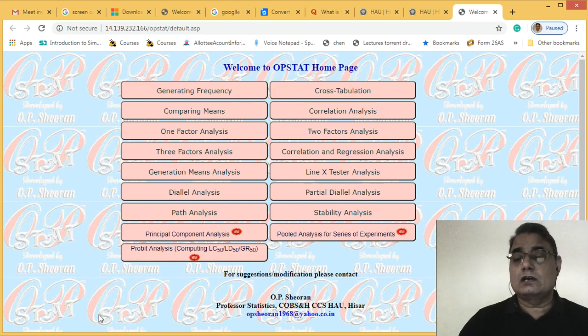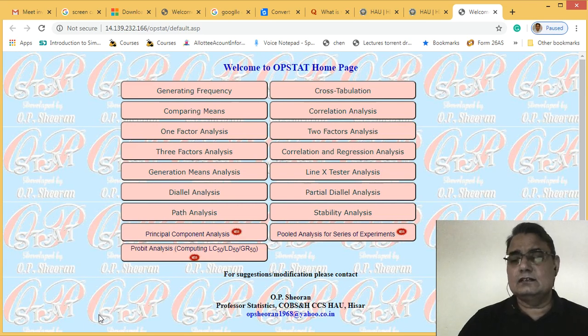If you have count data, you go for square root transformation, and if percentage data is there and the transformation rules are fulfilled, then you can apply the arcsine transformation to your data, and the analysis will be carried out on transformed data automatically.